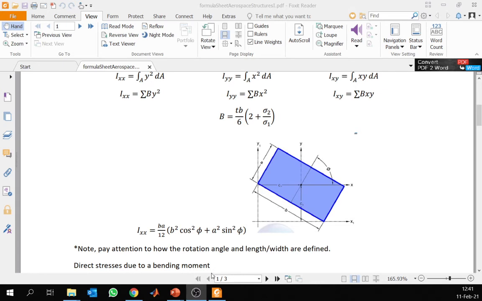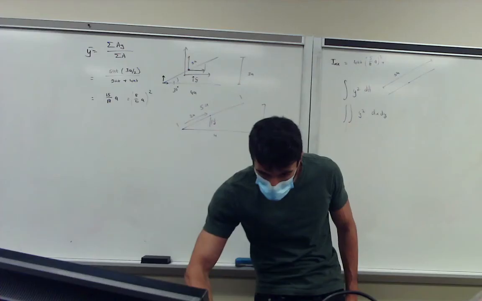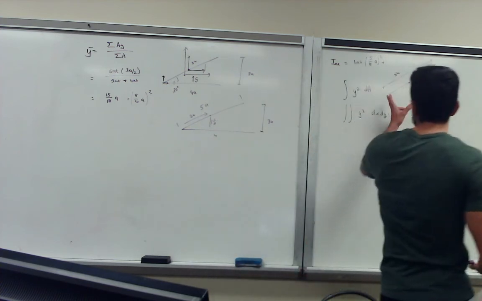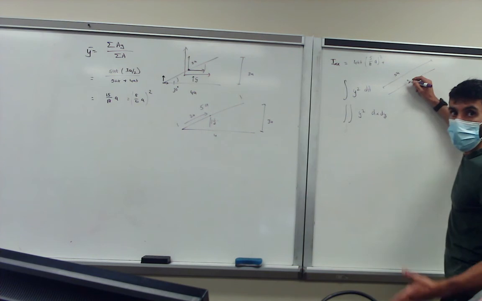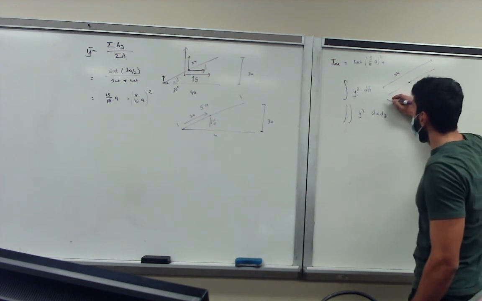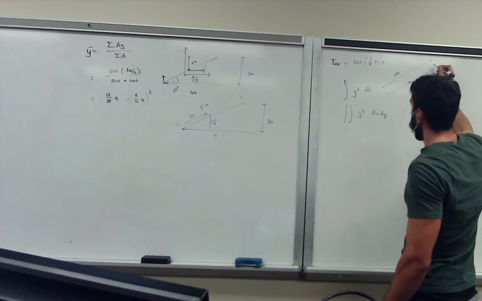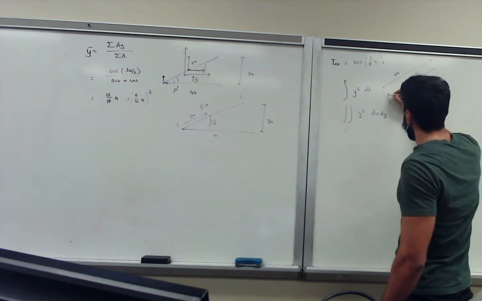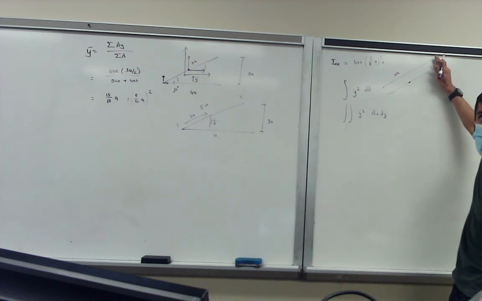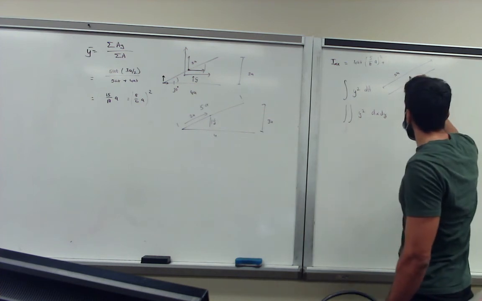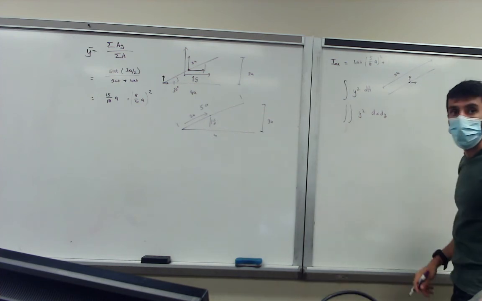So this is 5a. The centroid lies in the middle, so at 2.5a. So the bounds of the integral for the y distance for this path, let's call that S, becomes minus 2.5a to plus 2.5a. Because you have to imagine that this is our new axis.